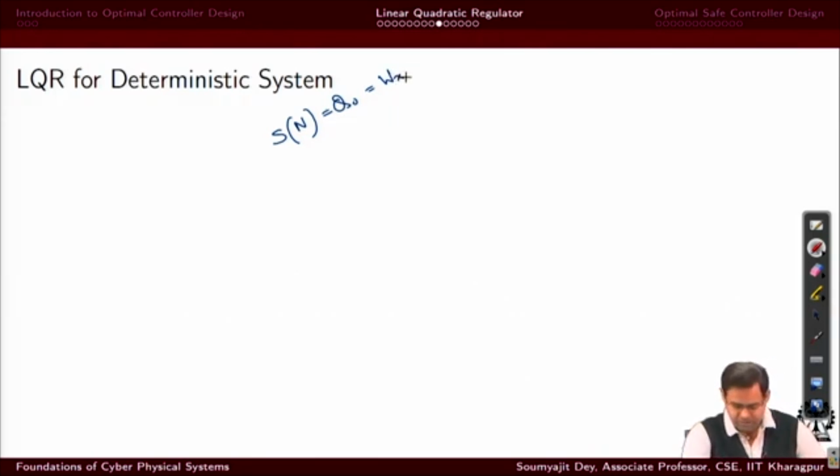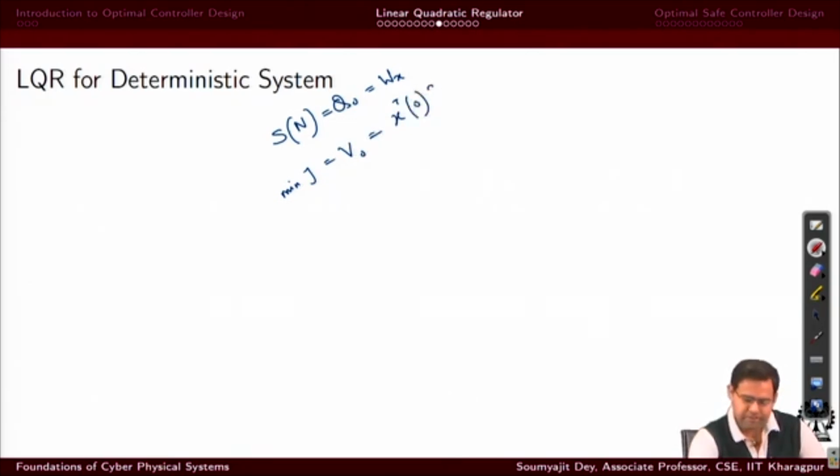Now we define the minimum value of the loss, something like this. Let the minimum value of the loss be this for the initial state.